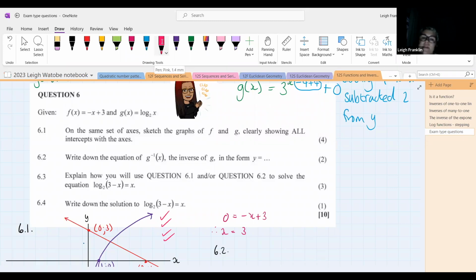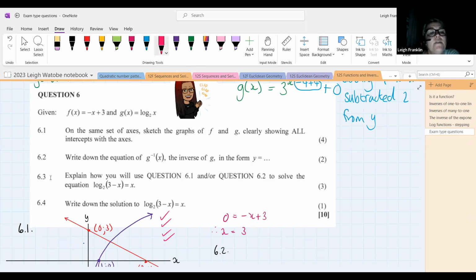Exactly, that's exactly right. So what was your y-intercept on your exponential function is now your x-intercept on your log function, or what is your x-intercept on your log function is now your y-intercept on your exponential function. Absolutely. Ma'am, will they allow us to do this in an exam? Yes, absolutely. Okay, thank you, ma'am. No problem.